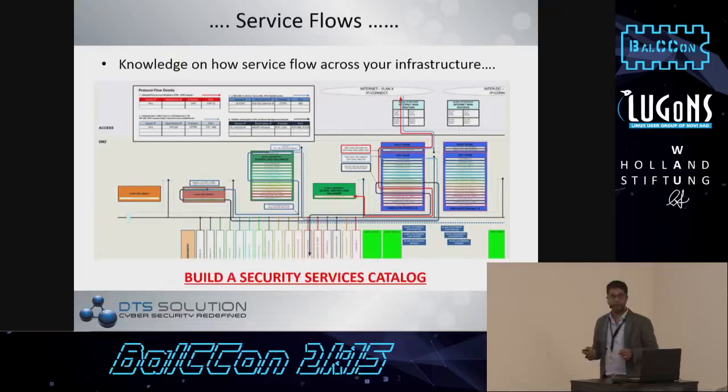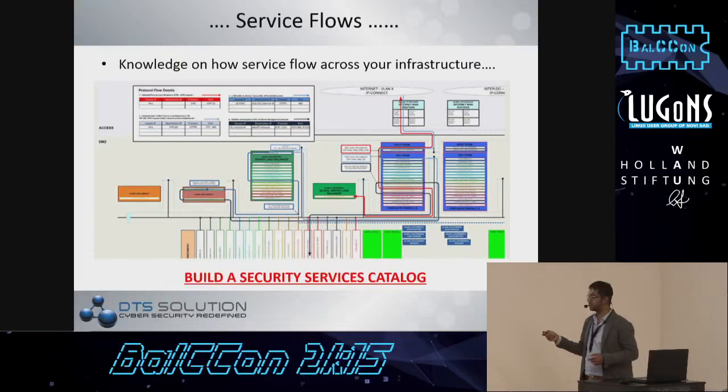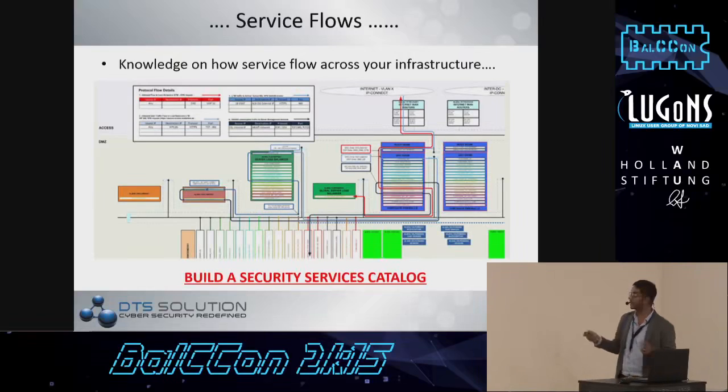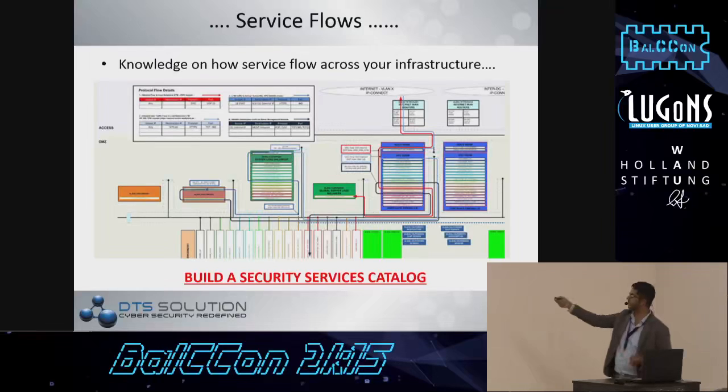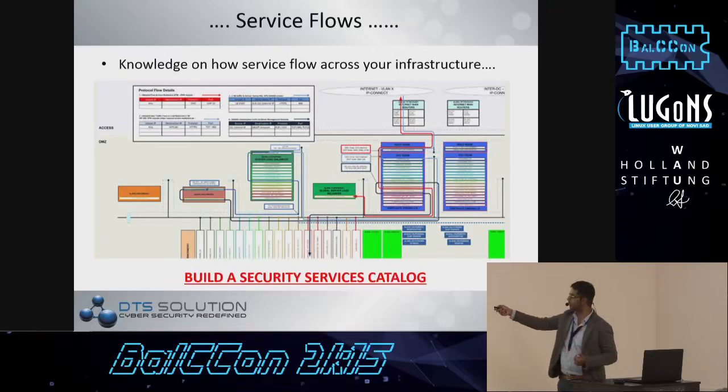So one of the most important things when you're building a security operations center is to actually build a security service catalog. What I mean by this is understand the flows and applications in your infrastructure and design the security around the flows and communication mechanisms. So in this particular case, I know this is a service that is being used by users, and I will protect this service because this is the communication path.